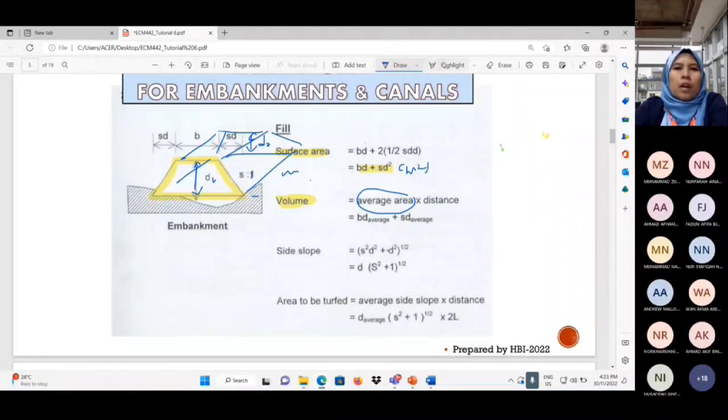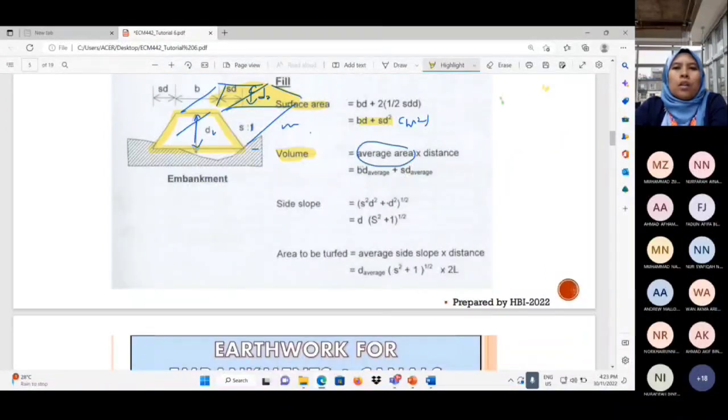So you can find the average area: surface area D1, surface area D2, and then you find the average by dividing by 2. And also you find the distance. So whatever it is, average, and multiply with the distance, which is L.